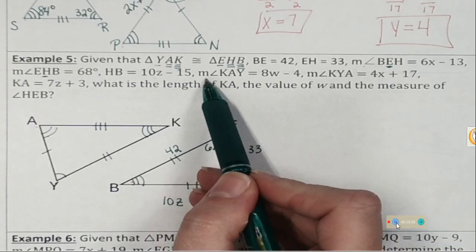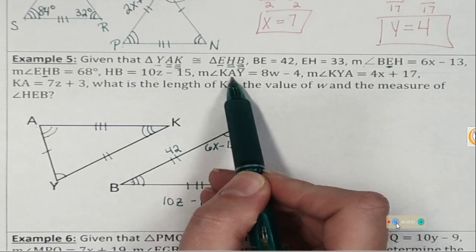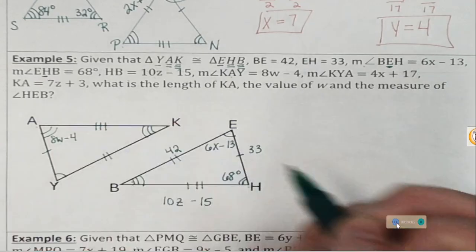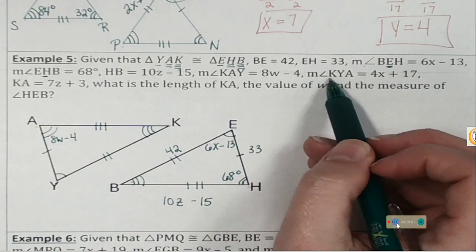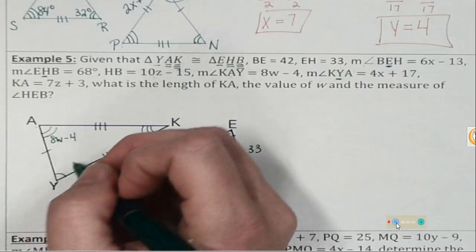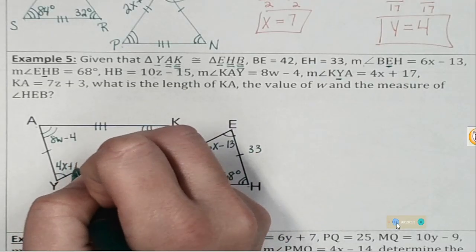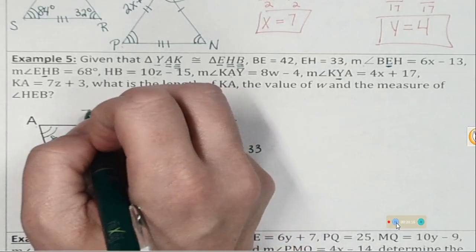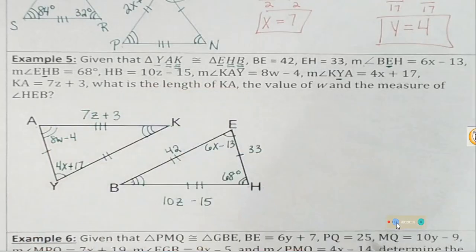And the measure of angle KAY is 8W minus 4. The measure of angle KYA is 4x plus 17. And then I'm going to tell you that KA is 7Z plus 3.